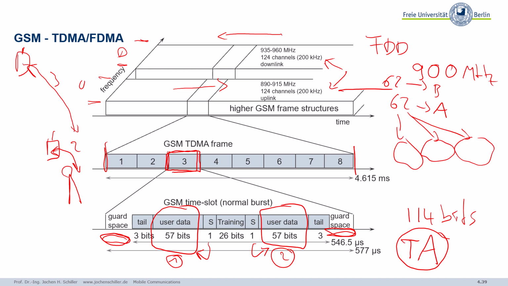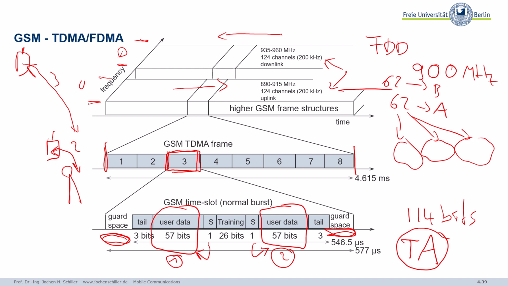So now you see how we separate up-downlink, how we separate different network operators, how the operators can then use the channels to, well, actually use them in the different cells, non-overlapping if you have the same frequency, etc. And within a single channel, you further subdivide this channel using TDMA, the time multiplexing, and you apply a multiple access scheme by assigning a certain slot to a certain user, or with half-rate channels to 2 users.